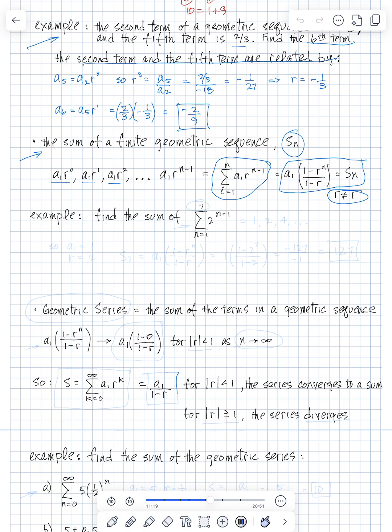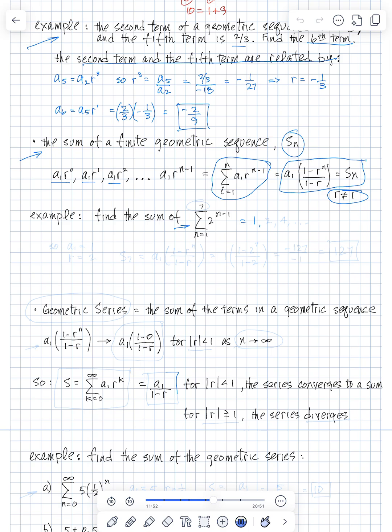So we're going to use that formula to find the sum of this here, from n equals 1 to 7, of 2 to the n minus 1. Okay, so we're going to write out the first couple of terms so we can get A1 and so we can get r. The first term, 2 to the 1 minus 1, 2 to the 0, is equal to 1.